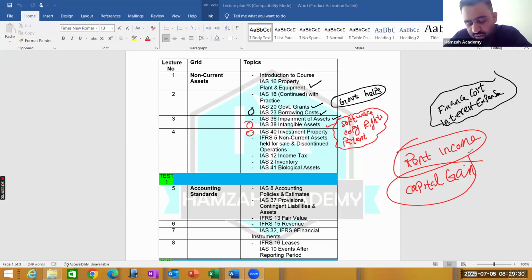We have a separate accounting standard for investment properties, IAS 40.